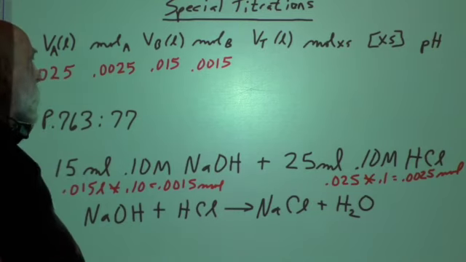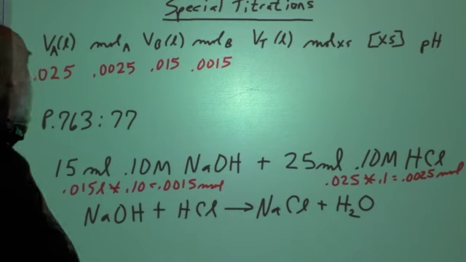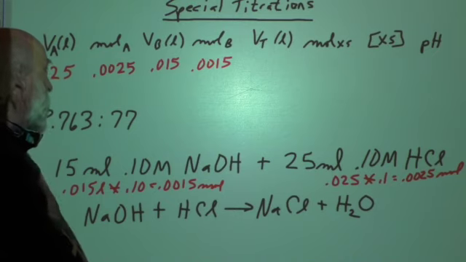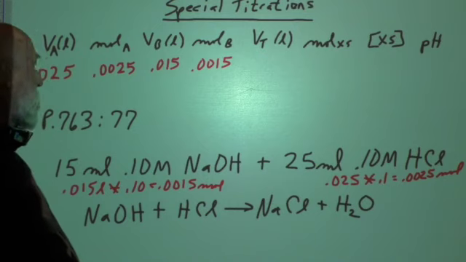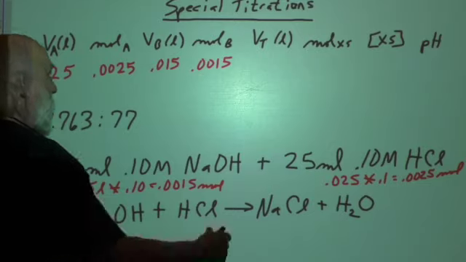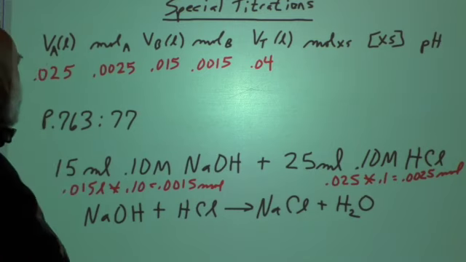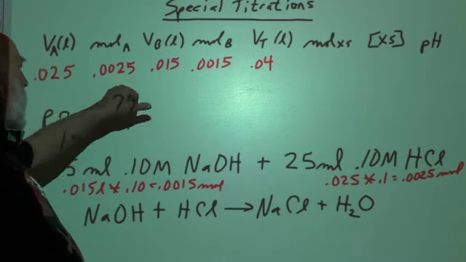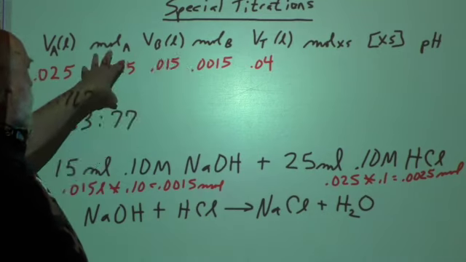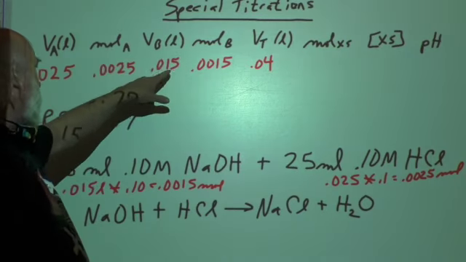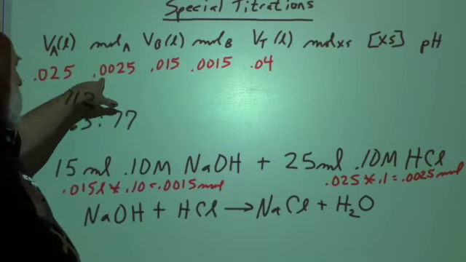Okay? So this is either stage 2 if you are going to do acid-base. If it's a stage 4, if you do base-acid for the strongs, again, it makes no difference. The total volume is the sum of these 2 volumes right here, which is 0.04 liters. The moles of excess. Well, let's take a look at the moles. We got 0.0025 here, 0.0015 here. We obviously have more acid than we have base, so we're going to subtract the 0.0015 from the 0.0025, and we get 0.001 moles of H+.